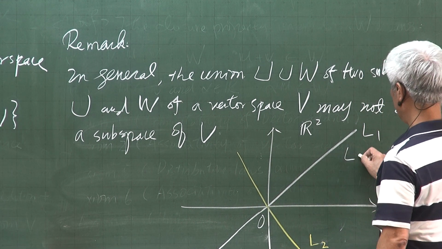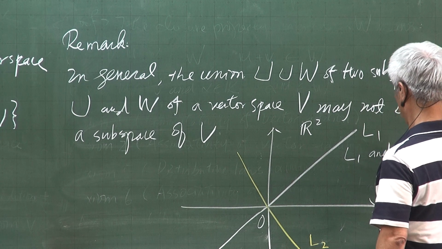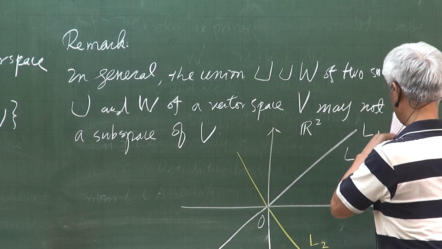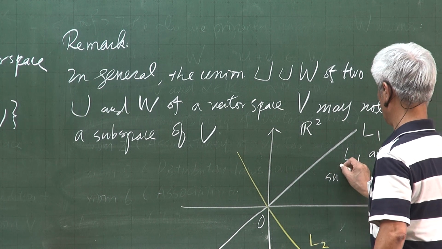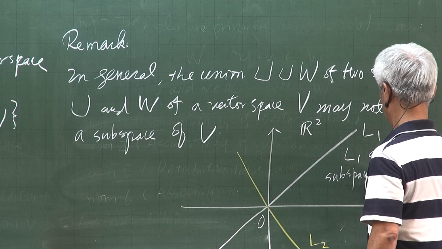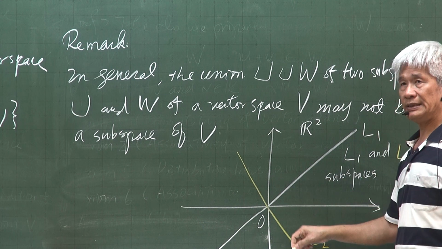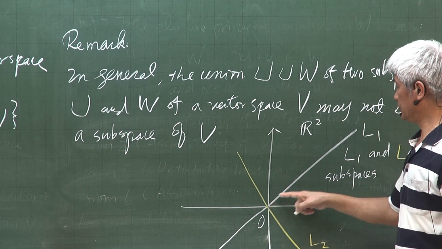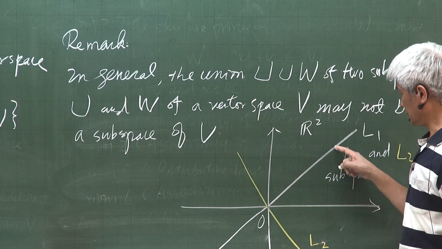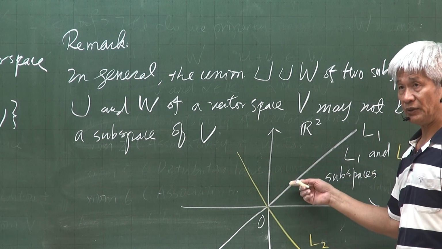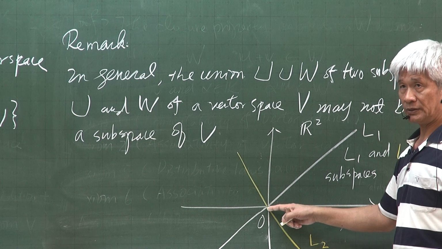So now L1 and L2 are subspaces. Because you can see that if I add two vectors on the line, the sum must be on the line, so vector addition is closed.